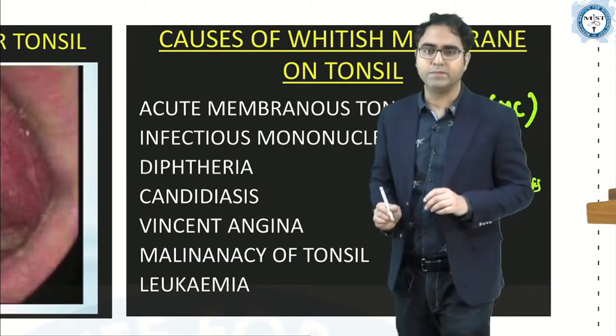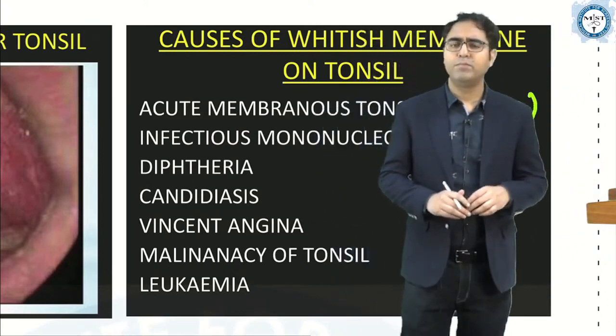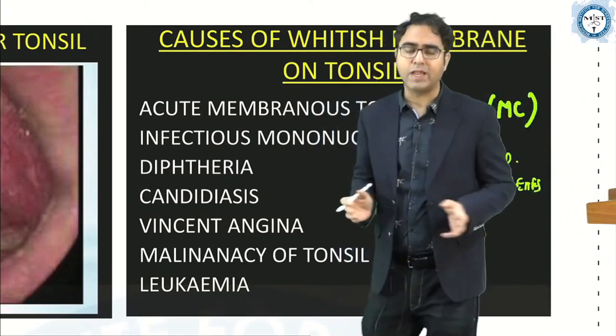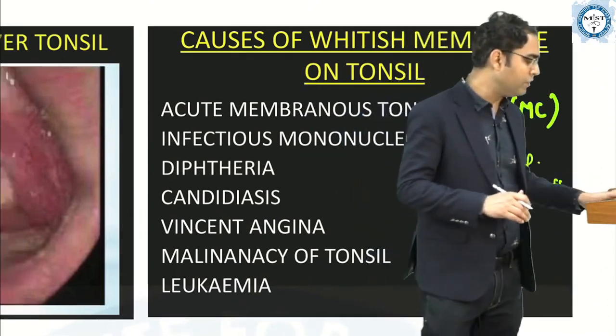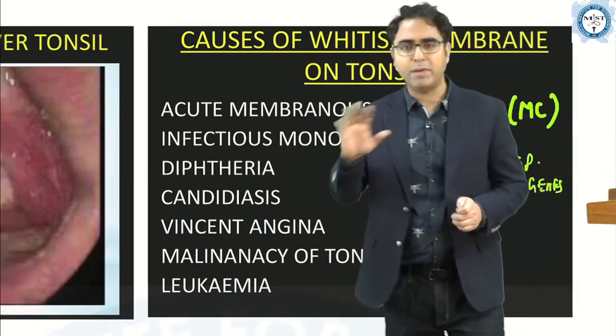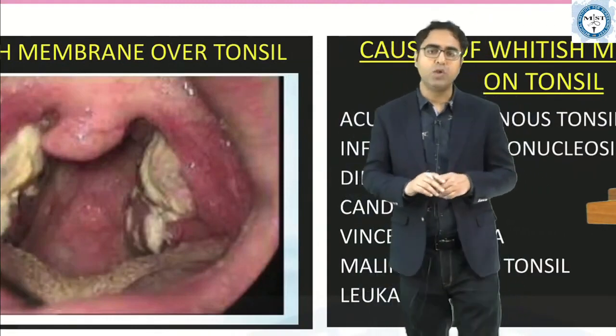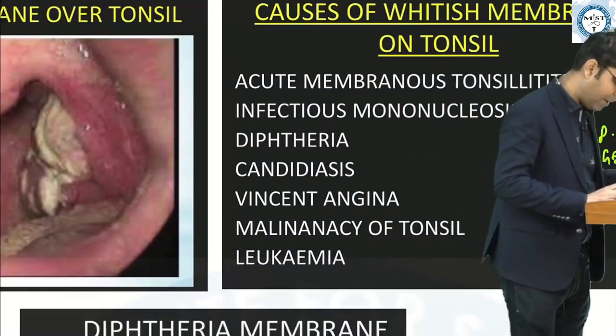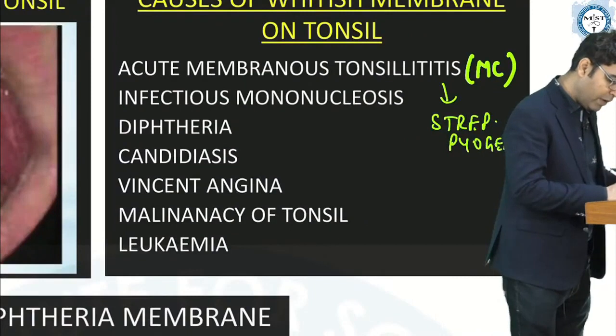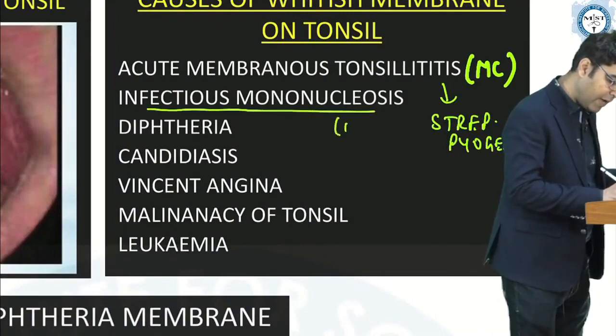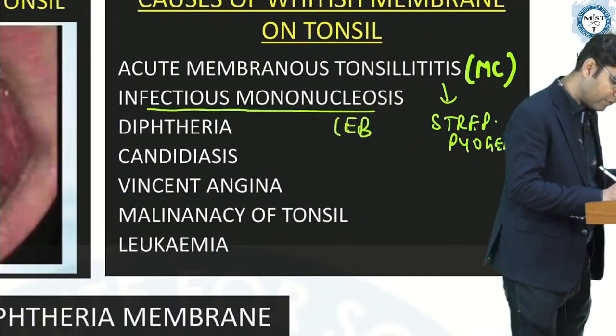The most common cause of the membranous tonsillitis which we see in clinical practice, the whitish membrane on tonsil, will be most commonly due to acute membranous tonsillitis caused by Strep pyogenes. Number two, infectious mononucleosis caused by Epstein-Barr virus, EB virus.